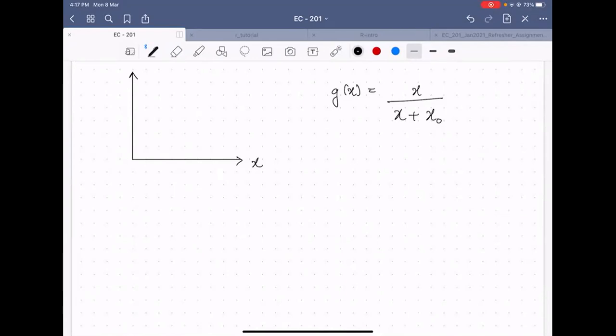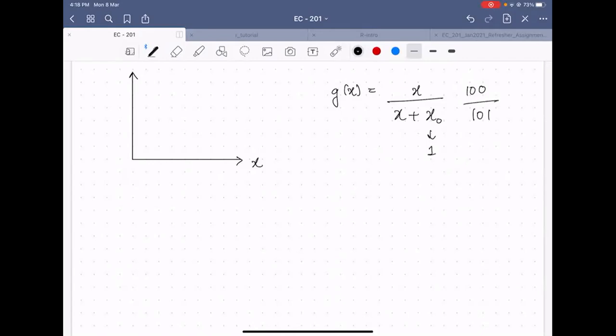Yes, it would be natural numbers, but a good way of looking at a function, especially when you have a fraction of something, is to see what happens when x becomes very large, say x tending towards infinity. Or x is any value, say 100, and x naught is, say, 1. So this becomes 100 by 101.